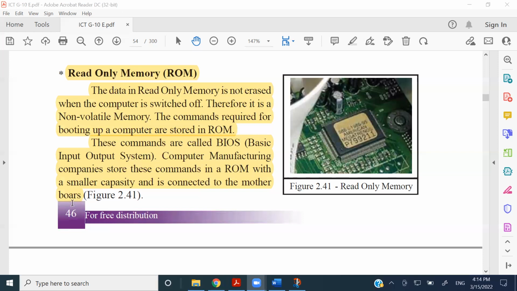It says motherboards or something. It's the motherboards. The very last word, motherboards.